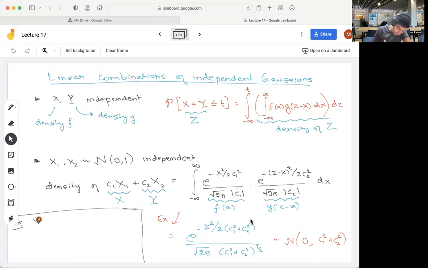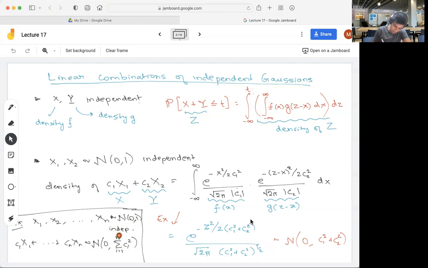So let's say you have x1, x2, up to xn, which are all standard Gaussians and independent. Then if you take a linear combination of these, c1 x1 plus up to cn xn, this is Gaussian with mean 0 and variance summation ci square.